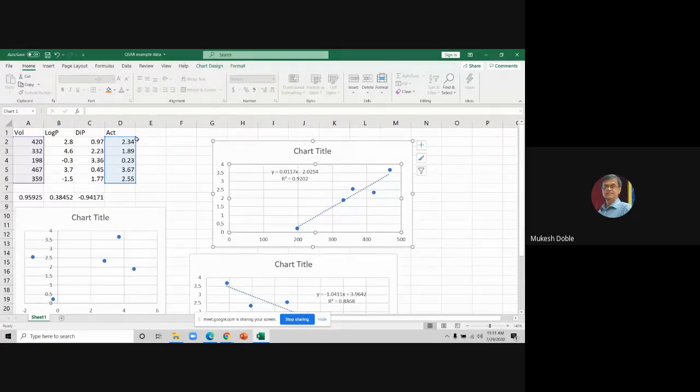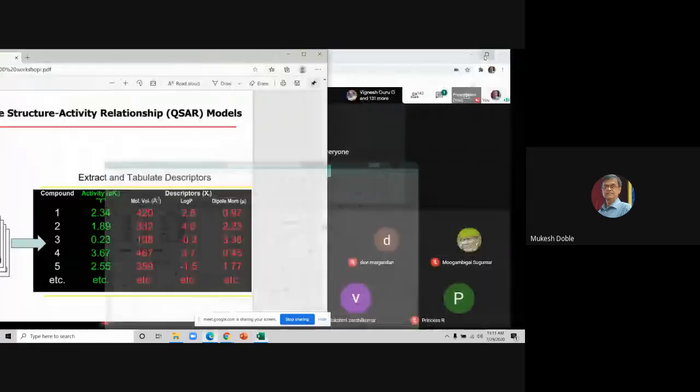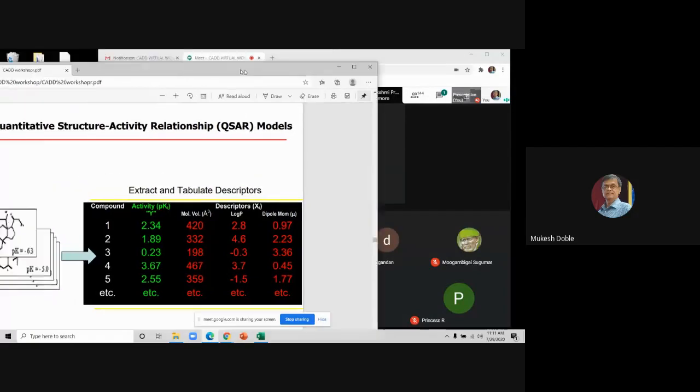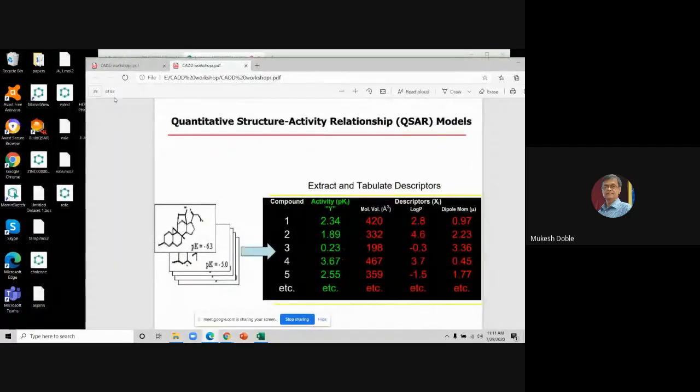So here, as I mentioned, we need to have experimental activity data points. We can also use one very simple software which is available for developing QSAR. It's called Build QSAR. It's a free software. We can download that.